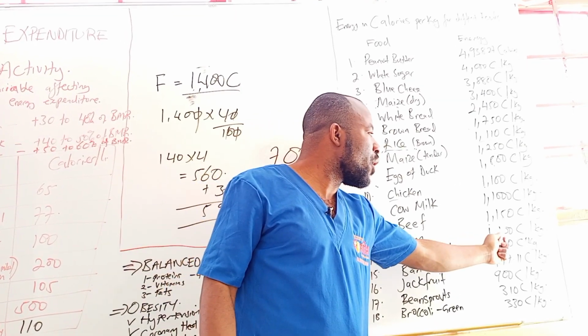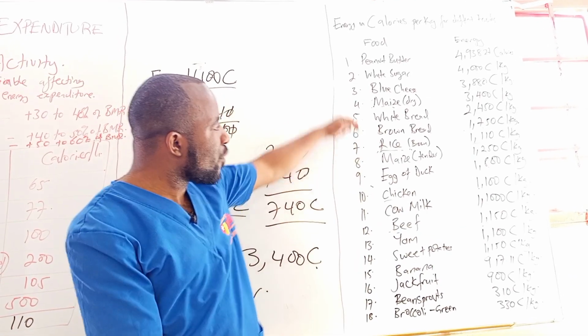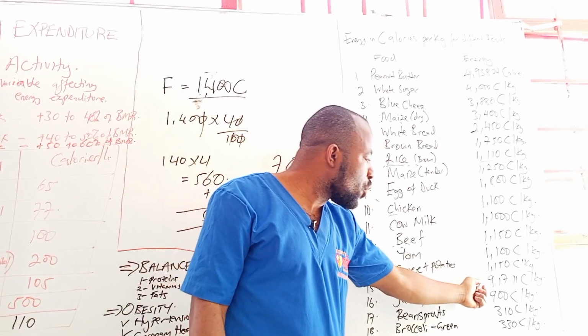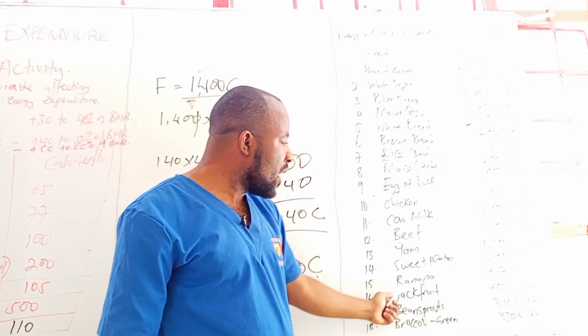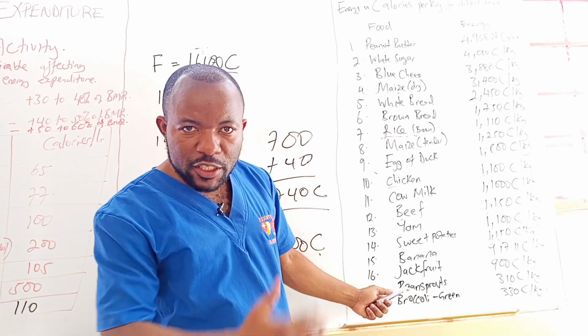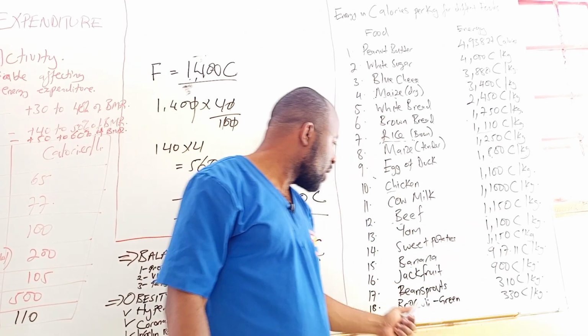Meat contributes 1,150 calories per kilogram. It is lesser than maize. Sweet potatoes contribute 1,150. They are a little bit lesser. Bananas. Now, as we go to the fruits, you realize the energy completely goes down. Bananas, 900, 711.